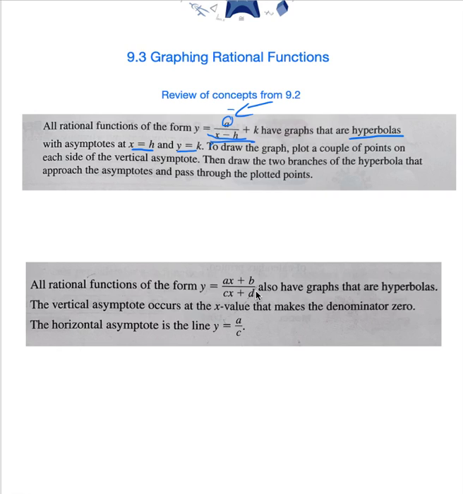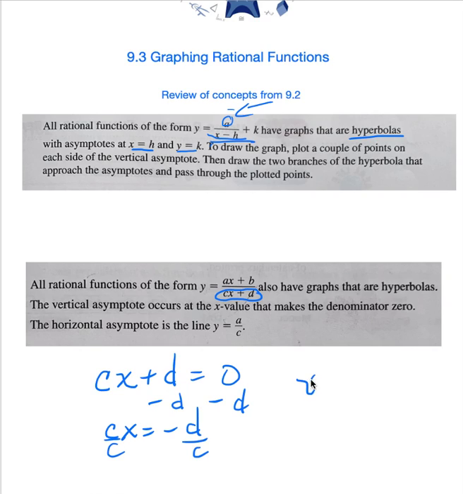Now, first of all, to find the vertical asymptote, that's going to be whatever causes the denominator to become 0. So if I have cx plus d in the denominator and I set it to 0, what is x going to equal? Well, I subtract d, and I get cx equals minus d, and then I divide both sides by c.